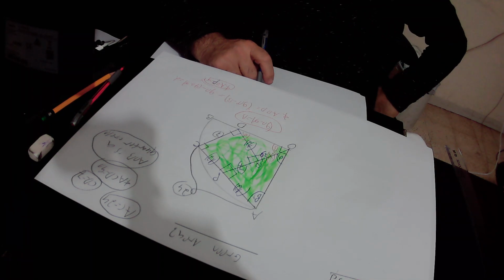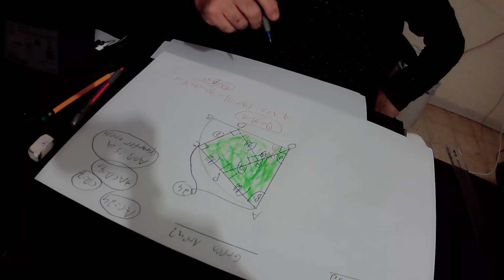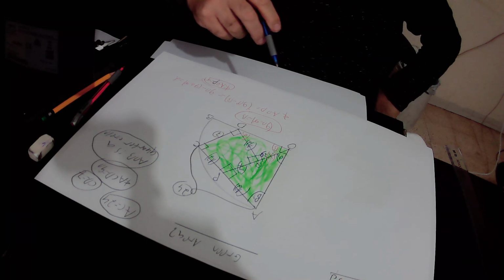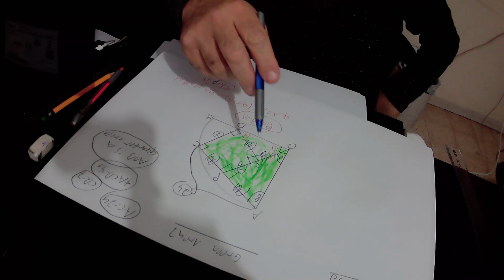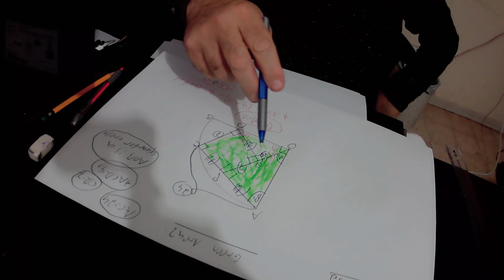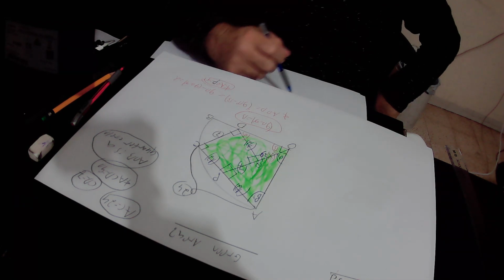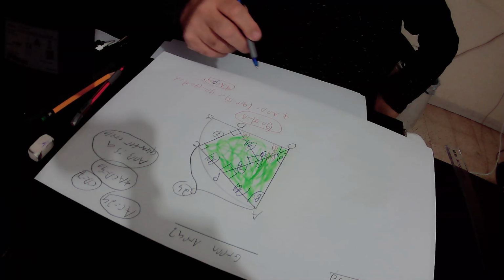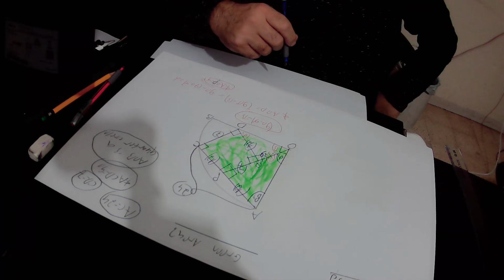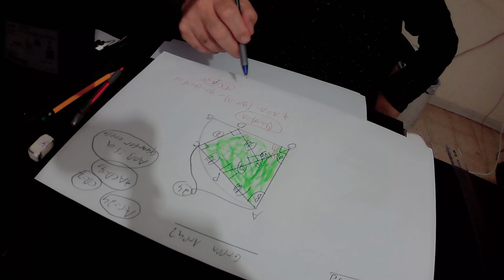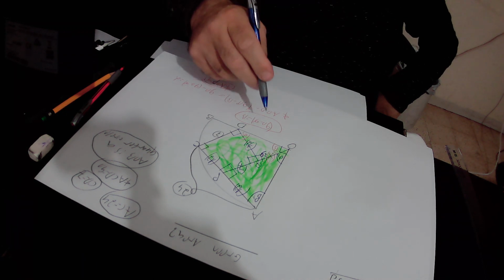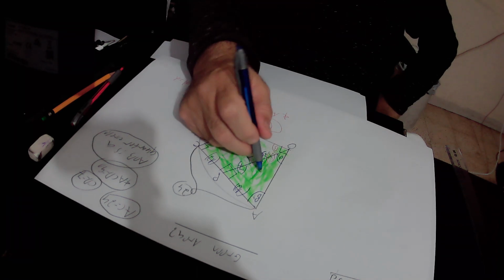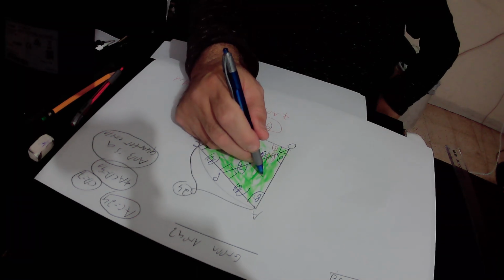So here we have to find the green area, that is the area of quadrilateral AODC. We divide the area of quadrilateral AODC into 3 parts. The first part will be the area of the right triangle APO, which we define as A1.